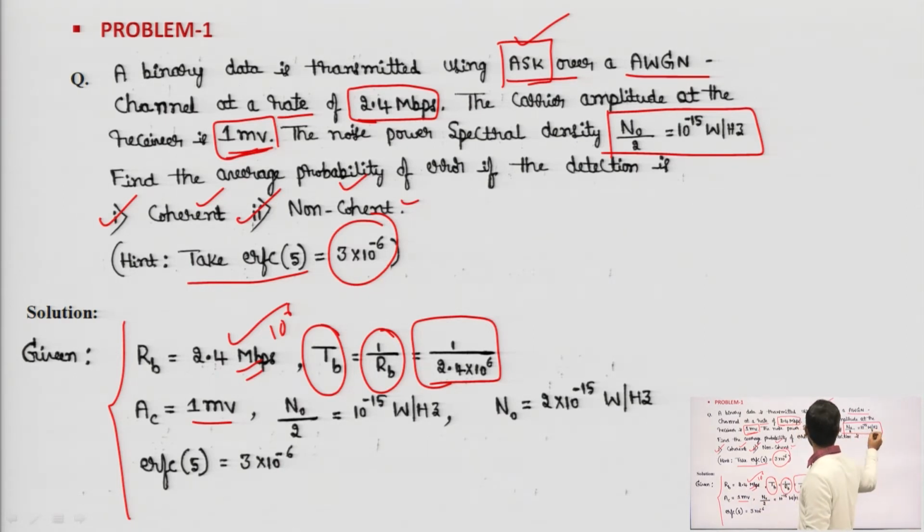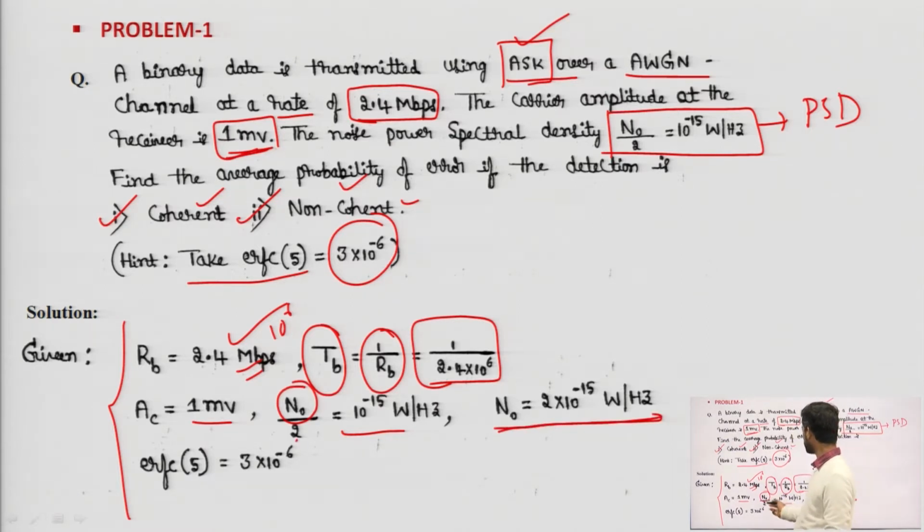The noise power spectral density N naught divided by 2 equals 10 to the minus 15 watts per hertz, from where I can get N naught, which is 2 times 10 to the minus 15 watts per hertz. I have also been given the complementary error function, ERFC of 5, which is 3 into 10 to the power minus 6.